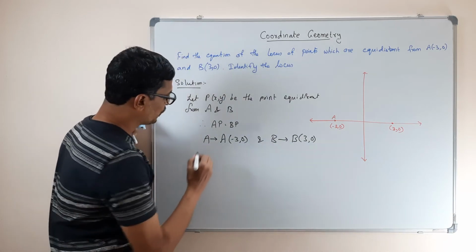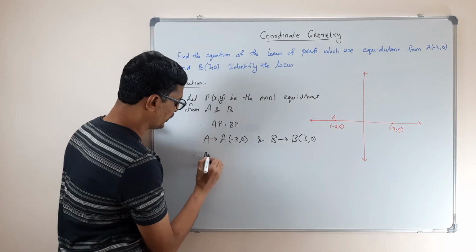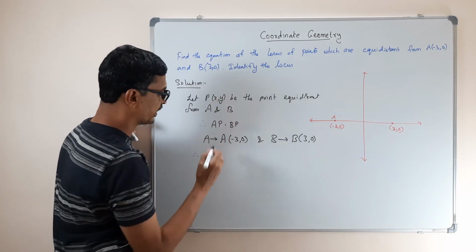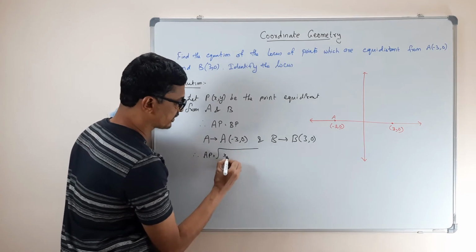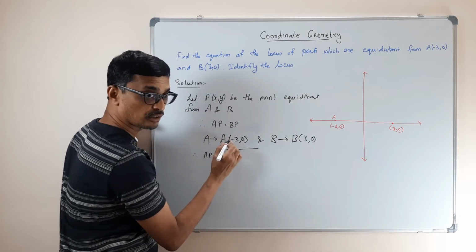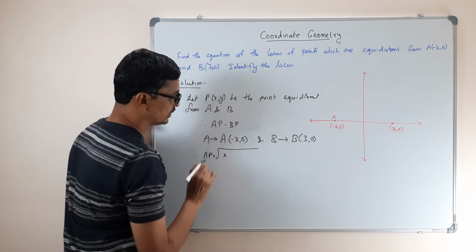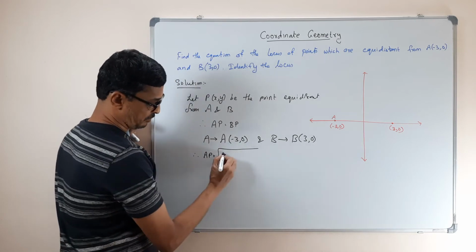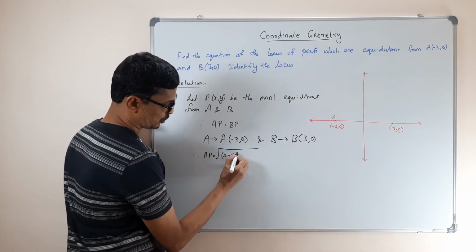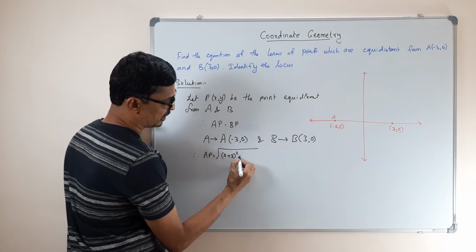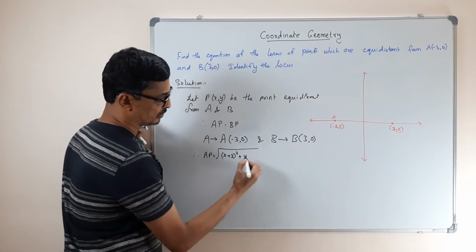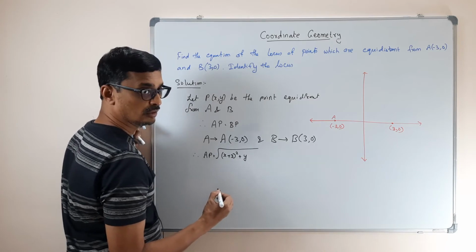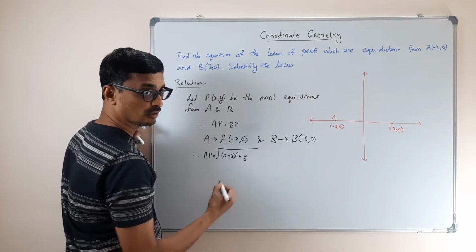So AP is what? AP is the square root of (x plus 3) whole square plus (y minus 0) whole square, that is y square.